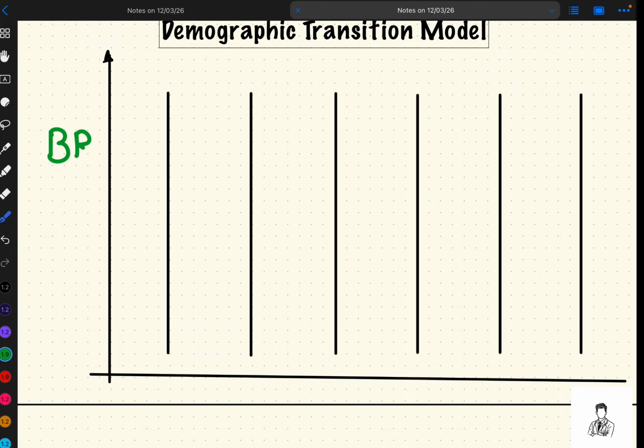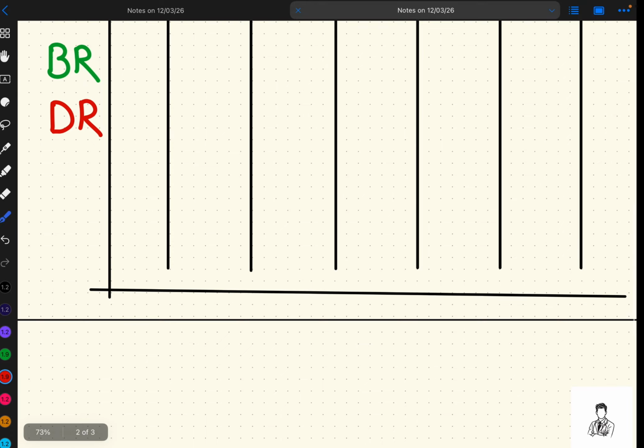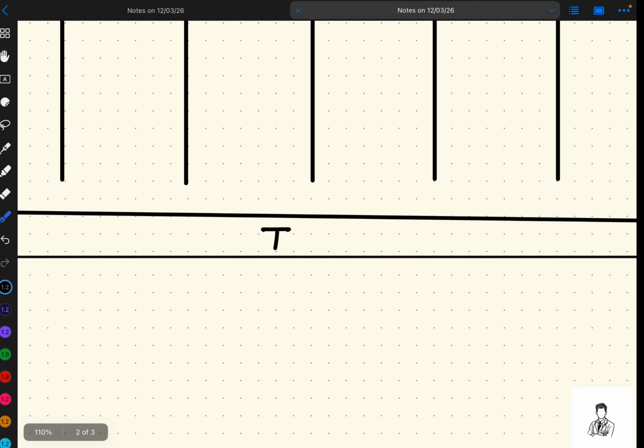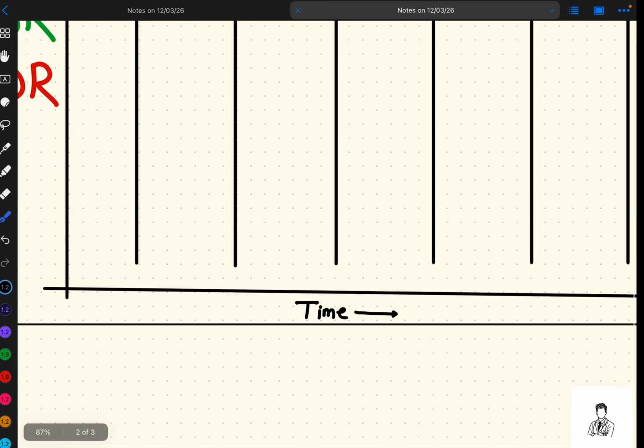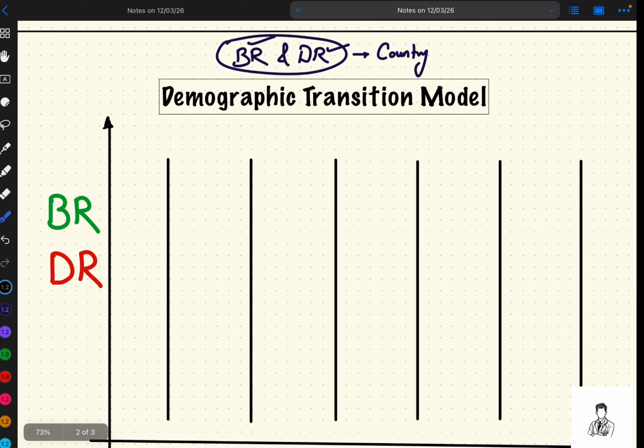Birth rate, green denotes growth, and red for death rate, death, dangerous. And on the x-axis we will keep time. Okay, so here we go.